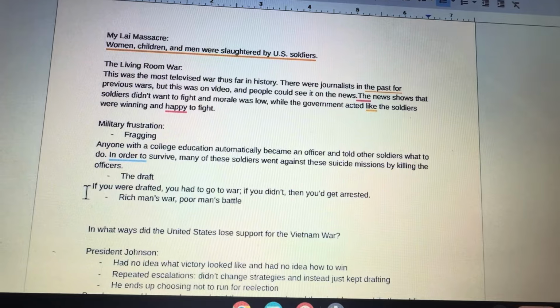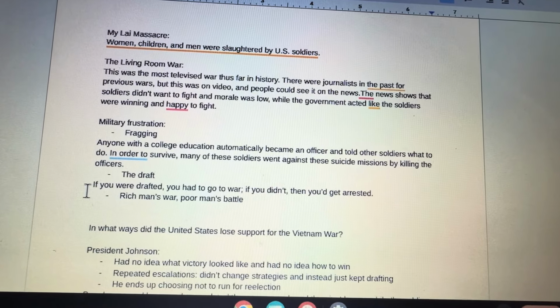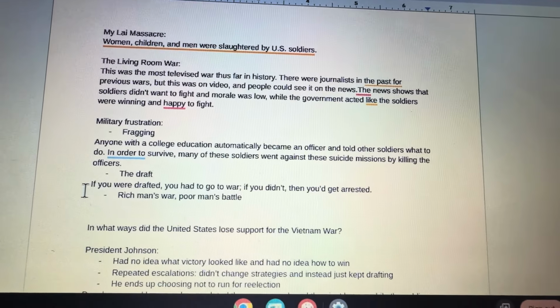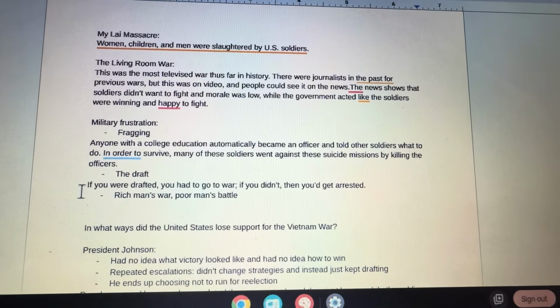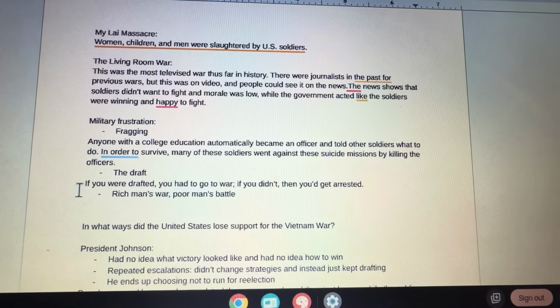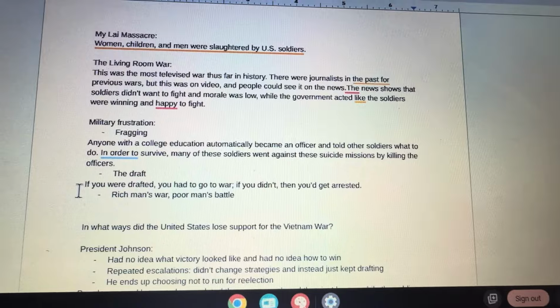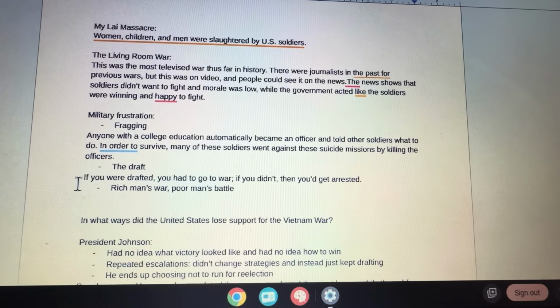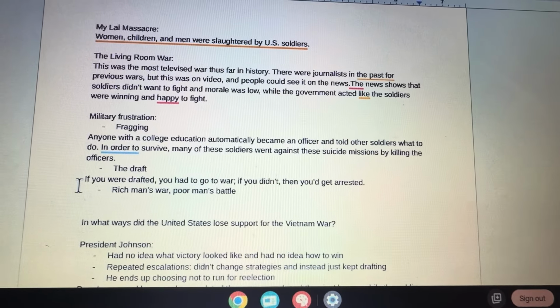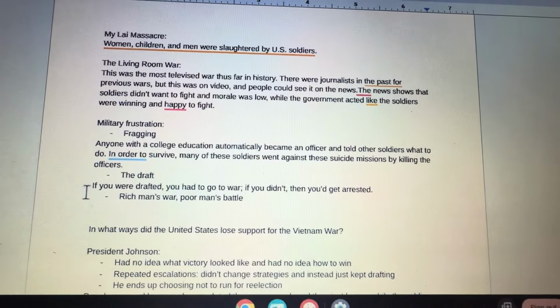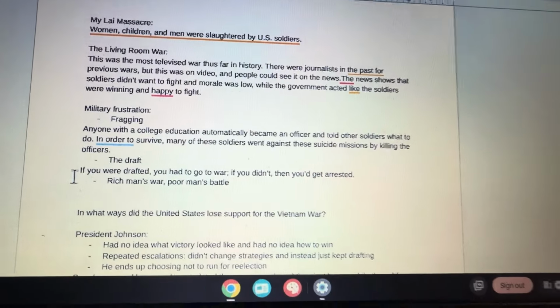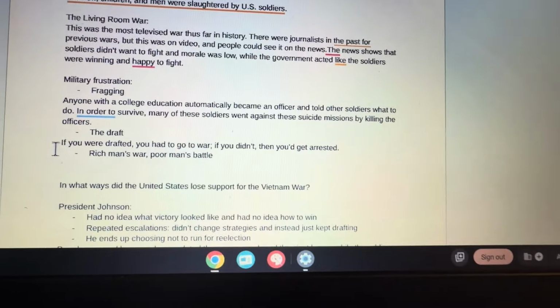So there's something called a Pinkville, which were places in Vietnam, which were considered very dangerous and covered in enemy soldiers. And the American soldiers were ordered to go there and take everyone out, and they slaughtered everyone, not just the enemies.